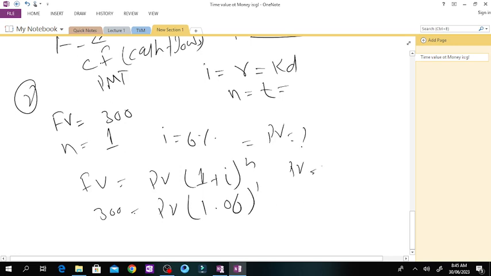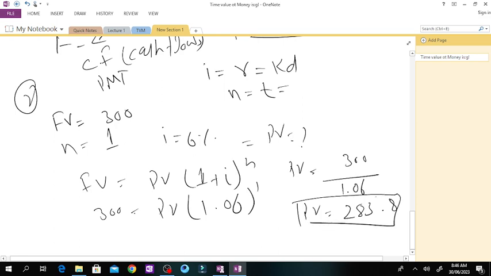So present value, or you can say 300 divided by 1.06, and how much you would get? Present value 283.8. Now you can see, when you will invest 283.8 with the interest of 6%, in future you would get how much? You would get 300. Okay, that is the formula.